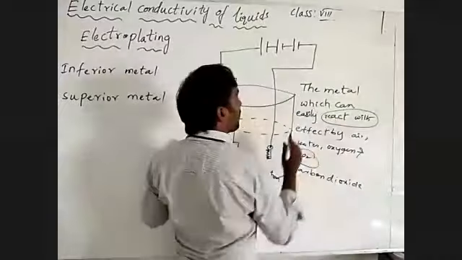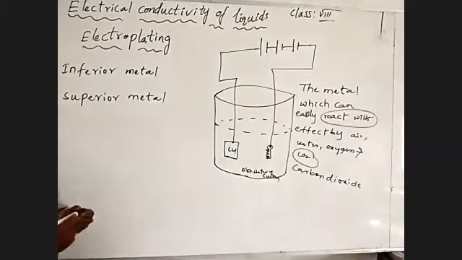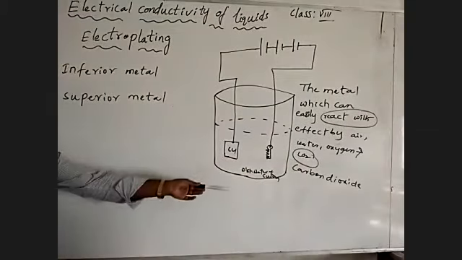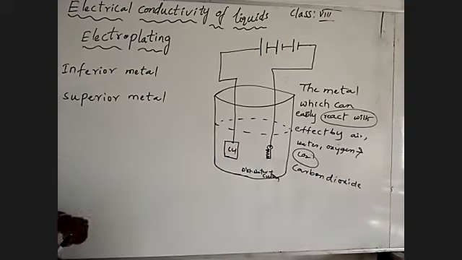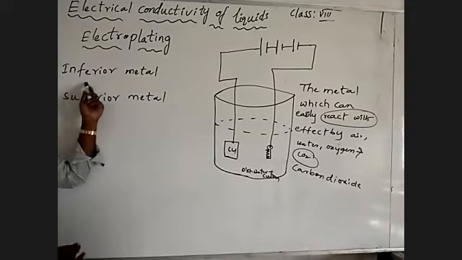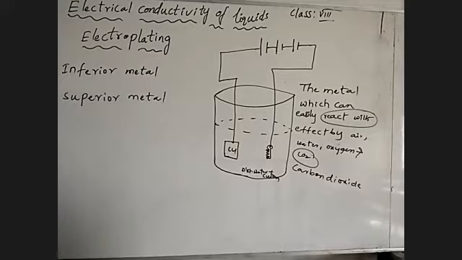The metal which can easily react with or be affected by those materials, we call inferior metal. Understand? Inferior metal means metal affected by those.